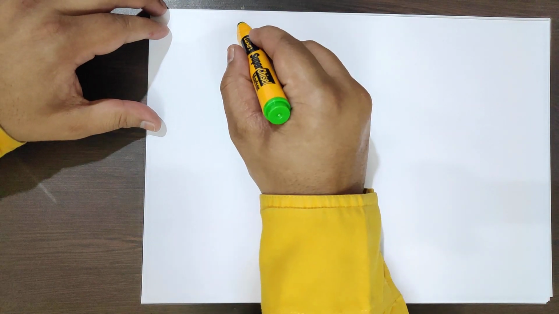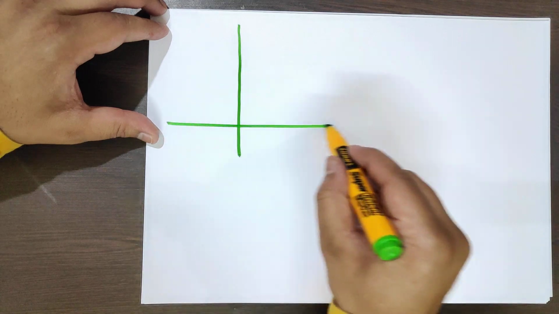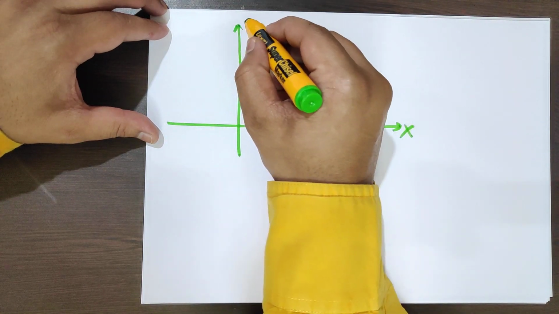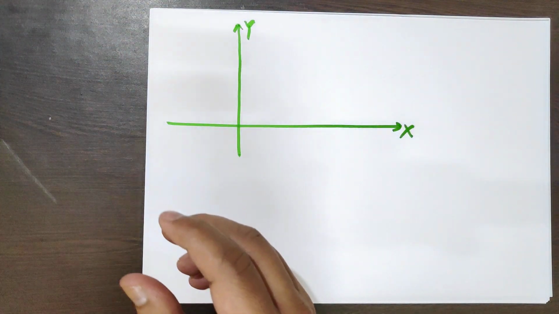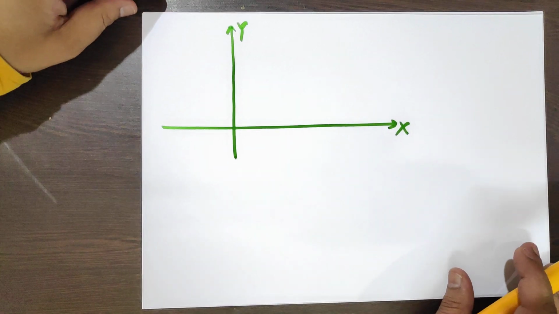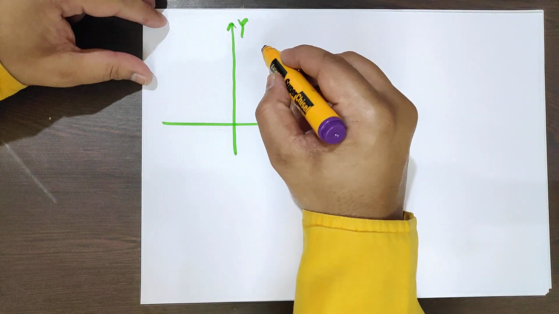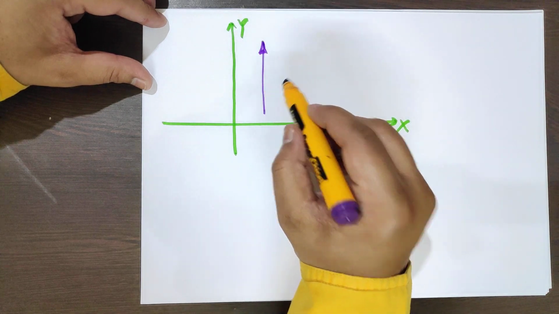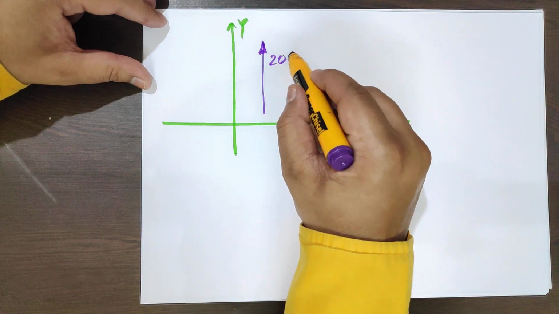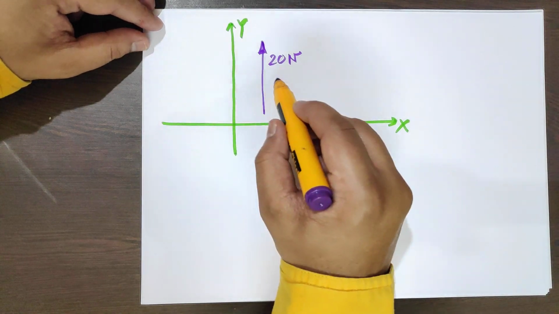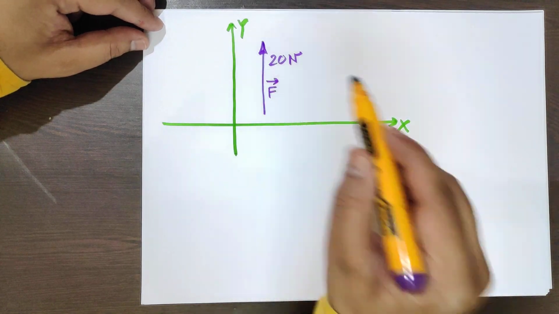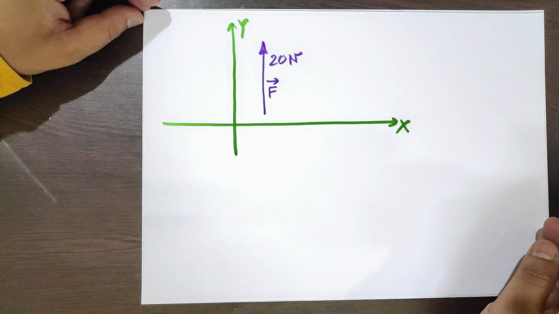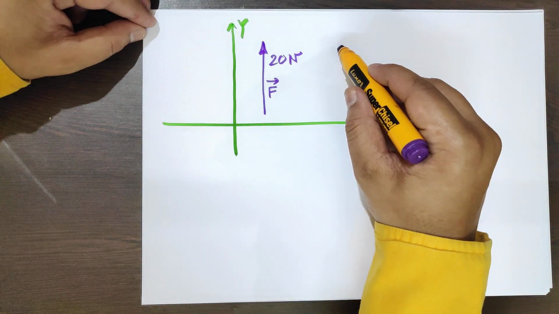Now say x, y. Okay. Now suppose you have a vector like this. Say this I am taking as a force vector, say 20 Newton. Say vector F. So how do you write it as a vector?